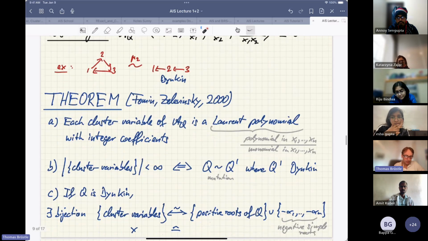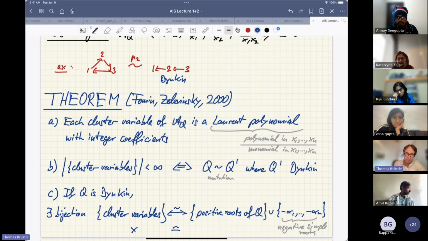And then finally, this is the refinement of Gabriel's theorem. Finally, oh, I see a question. Do I mean simply laced Dynkin quiver for the part B? I do not mean simply laced.